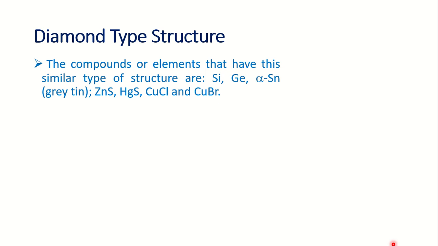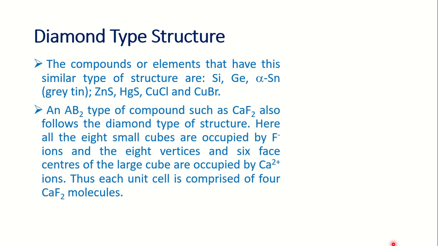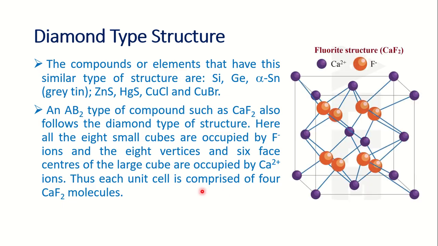Let us see. The compounds or elements that have a similar structure are silicon, germanium, alpha-tin or gray tin, zinc sulfide, mercuric sulfide, cuprous chloride, cuprous bromide. AB2 type structures are also found, for example calcium fluoride, CaF2, and ice also has this type of structure.